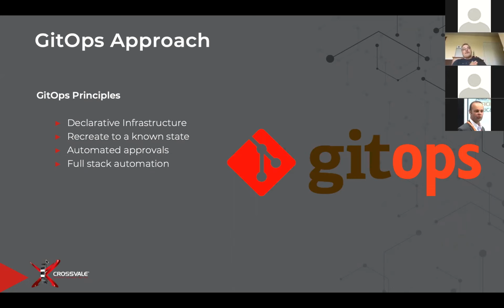So what is GitOps? That's a whole other topic, right? I think it's fairly well discussed here, especially in the last 12 months, it's gained a lot of traction. Everybody knows about DevOps, right? And GitOps is really kind of an extension of DevOps, and it's really meant for your infrastructure components in rebuilds, right?